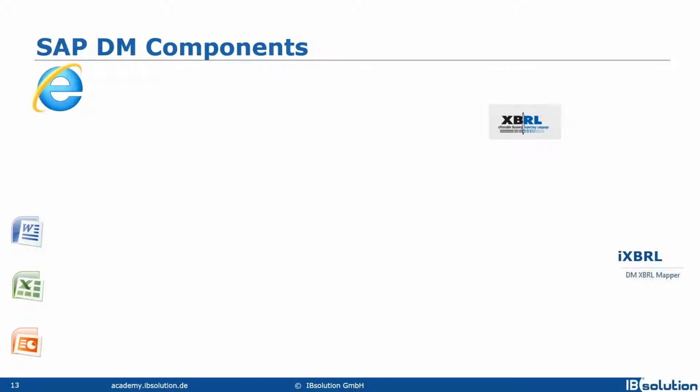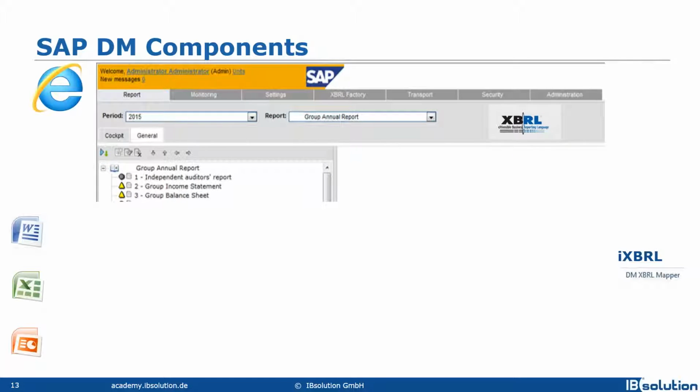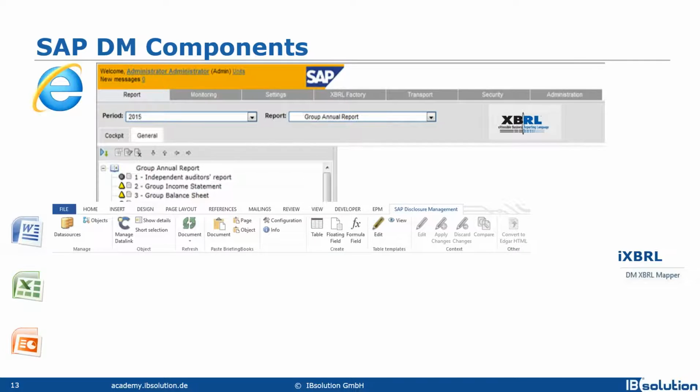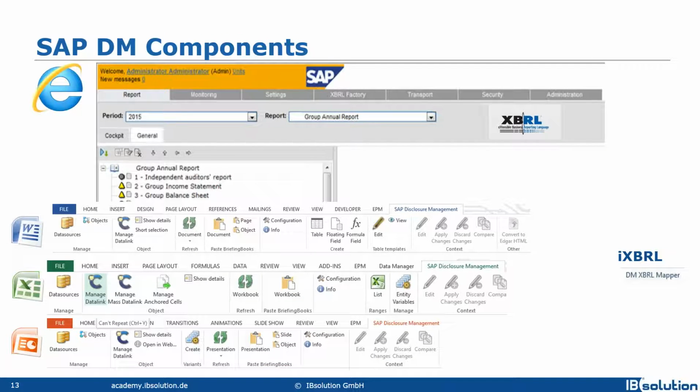So what are the components of DM? It has a web portal, and this is how it looks like with various tabs and functionalities that you have in there. It has add-ins for Word, for Excel, and for PowerPoint. And you can see on the screen some of the components included there.